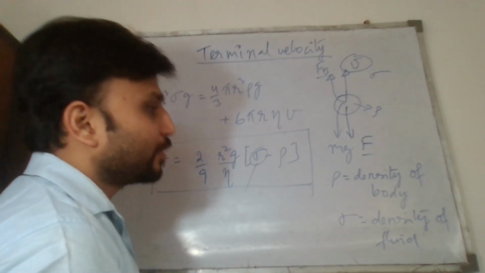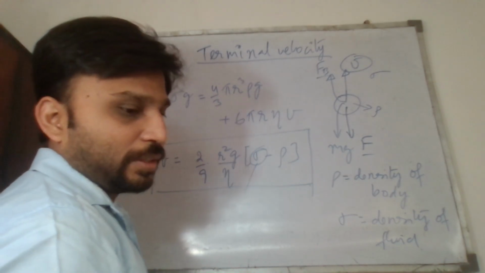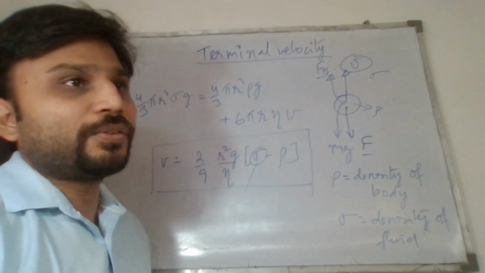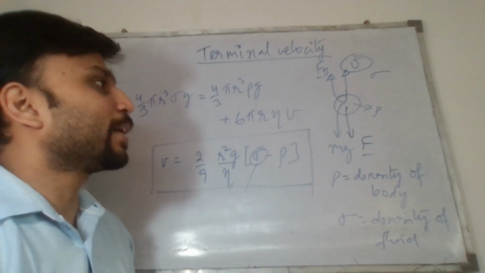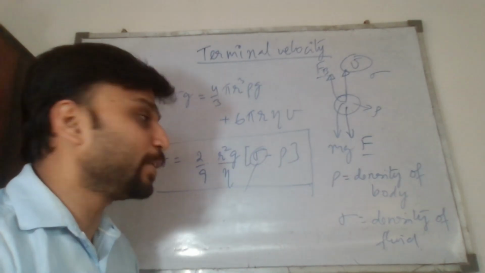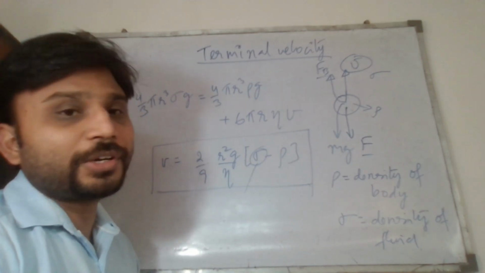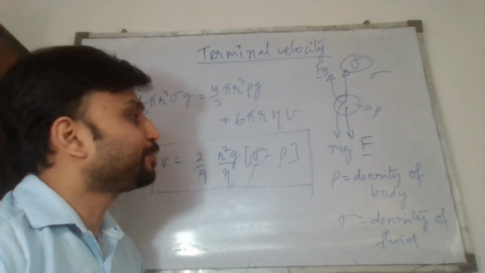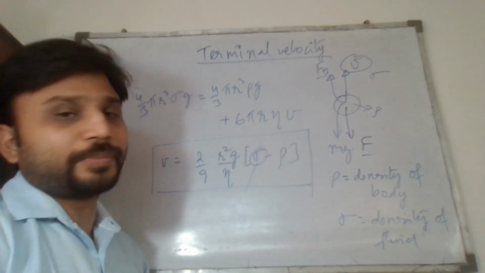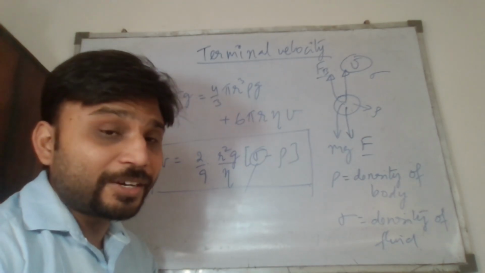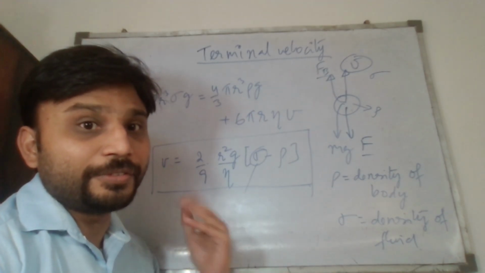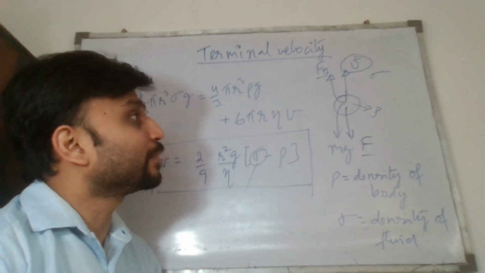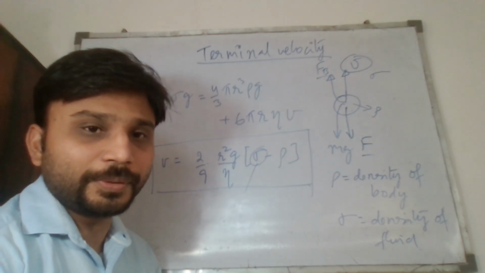So this is the case when the fluid has a higher density than that of the body. So when the fluid has a higher density, that means the body has very high buoyant force. So it is automatically going up, and as it is going up, it is being opposed by that viscous force F, whose value we already know, 6 pi r eta v. So this is the terminal speed with which it reaches, and it is then just going on with that speed only.